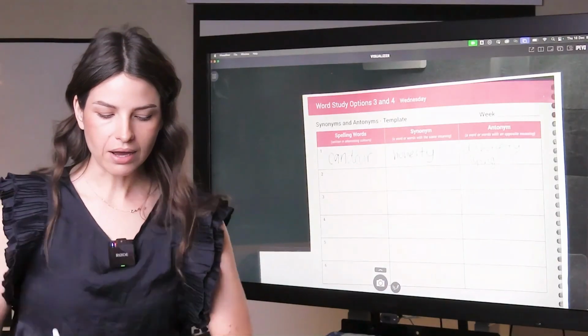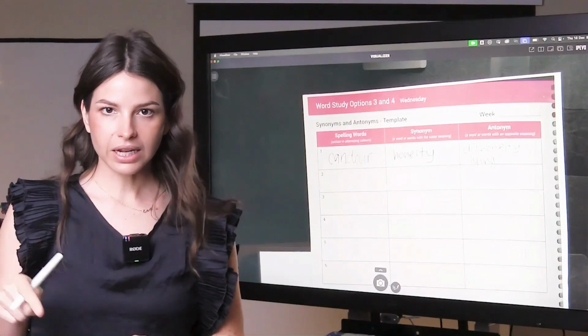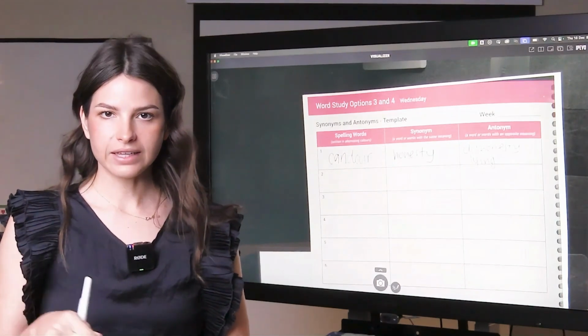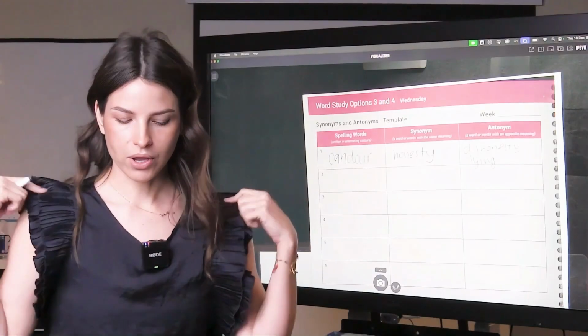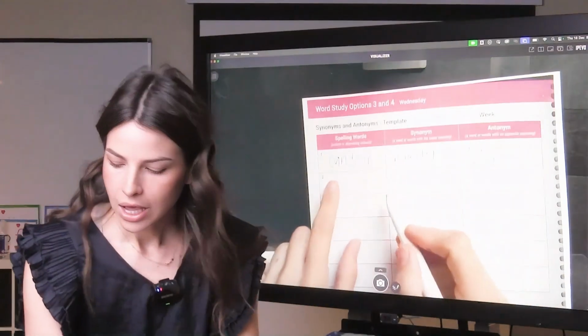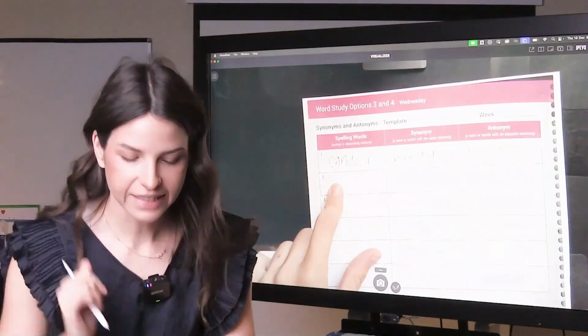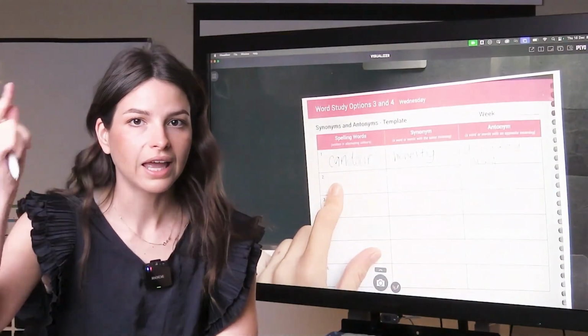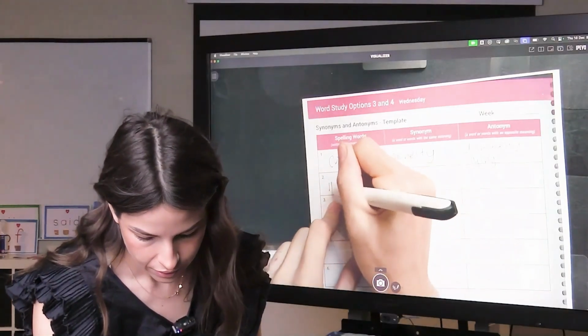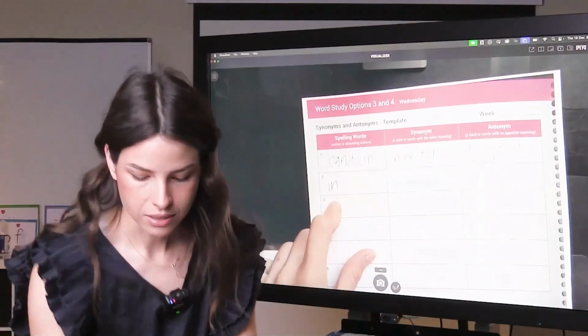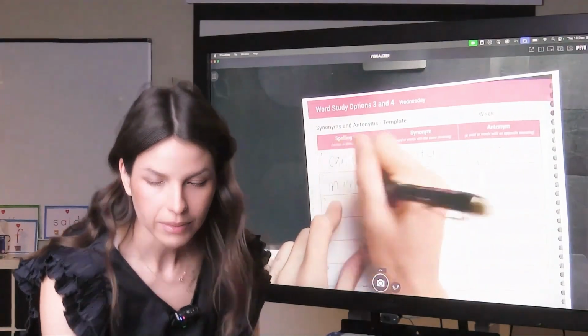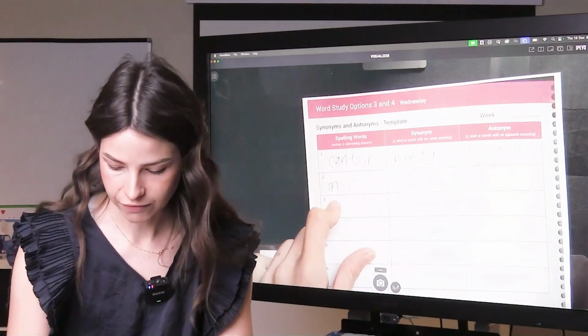Okay, so if we think about a synonym and antonym for incentive, let's start to think about that while we write the word down, and I'll ask you. The word was incentive. So the first syllable was in. The next syllable is sen. And the last syllable is tiv.